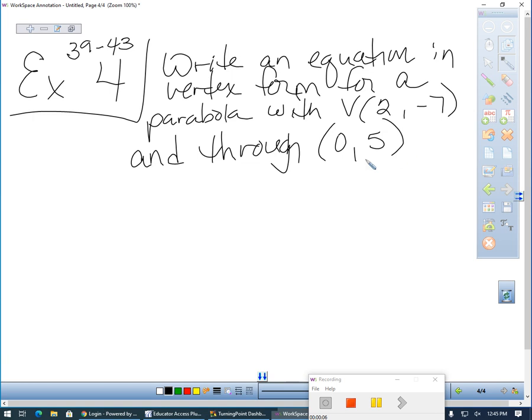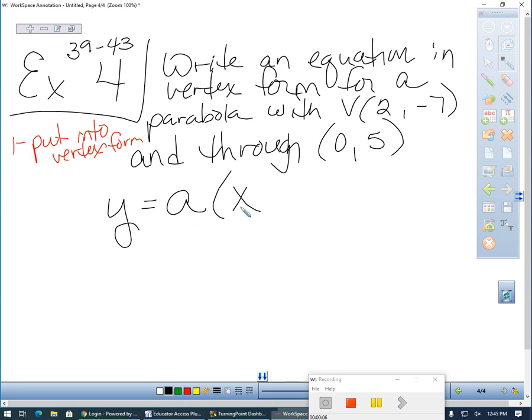All right, so when we do these, the first thing you have to do, step 1, is to put into vertex form. All right, so as we do that, we have y equals. We do not know what a is yet. X minus, what is our h value up there? 2, good.